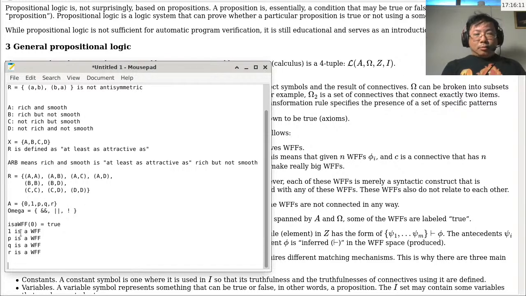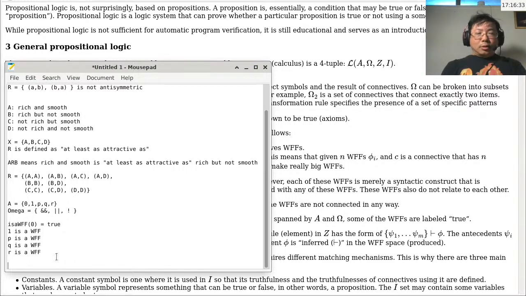All right, so at the base level, everything in alpha is a well-formed formula. Now we can start to say, if I join two well-formed formulas using a symbol from omega, and I give it the right number of operands, the end result is also a well-formed formula.